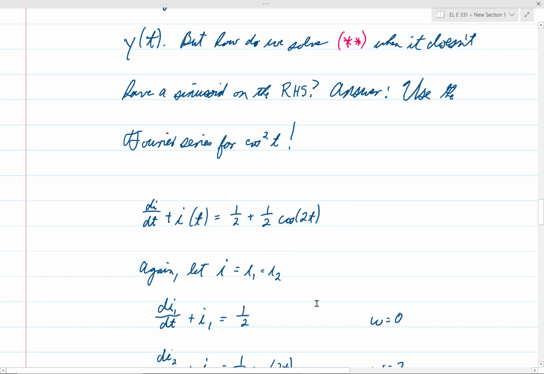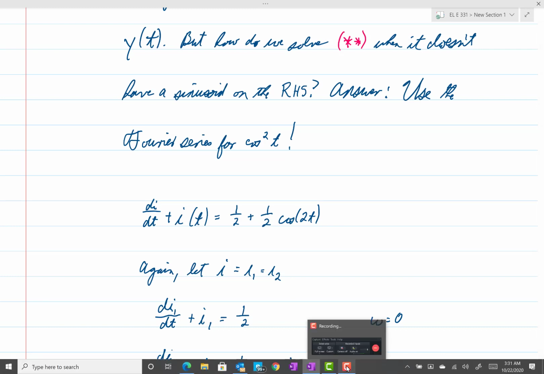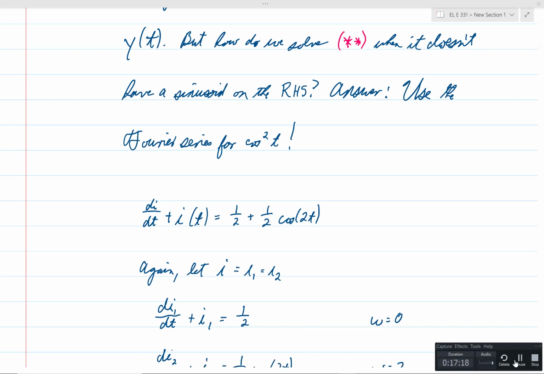And so similar to what we did in example 2, we're going to let I equal I1 plus I2. So let me stop for just a moment and correct that. Okay, so now we have that plus sign in there.